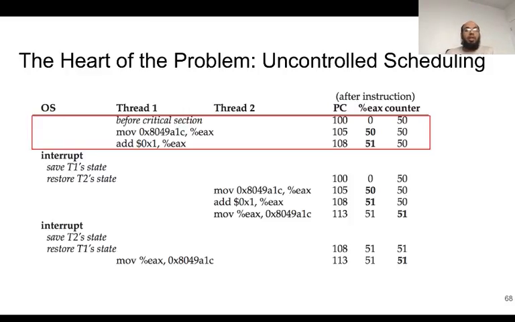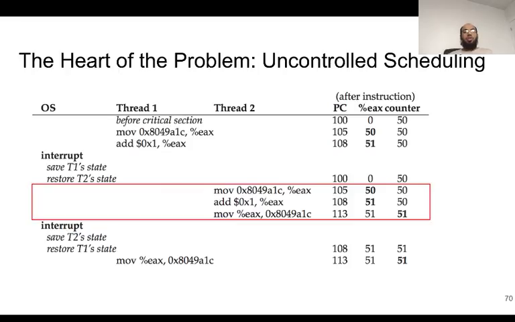But thread 1 has no notion of knowing that thread 2 has done this on the shared variable data. There is no way for it to know that. So now the counter, after 2 runs, although it should have added 2, adds just 1, because thread 1 is just going to save 51 into the counter.